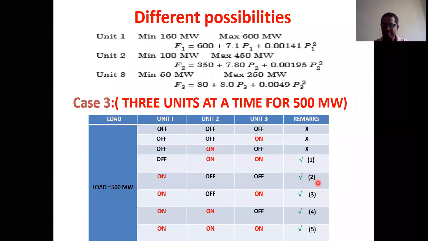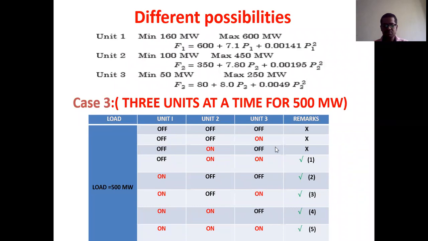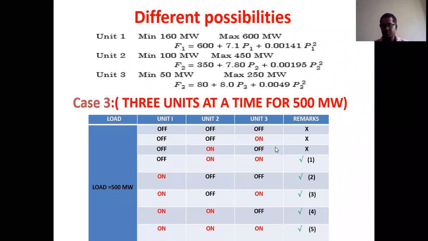Out of these 5 possible combinations, tell me the ordering. For which combination will you give more importance? Let's try to understand and put your answers in the chat box.